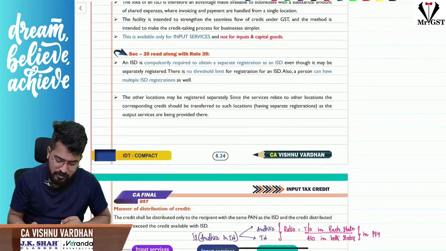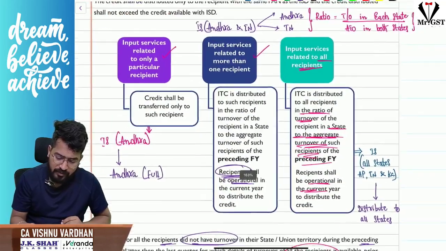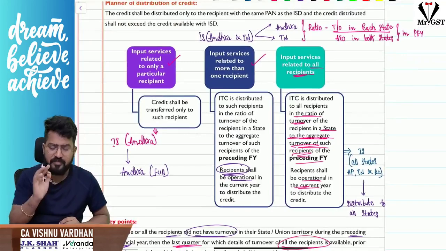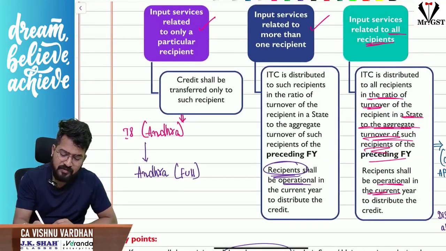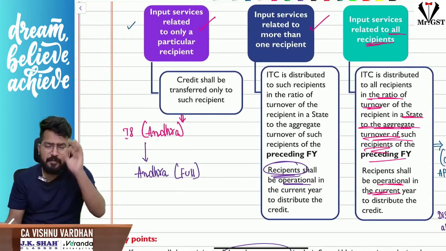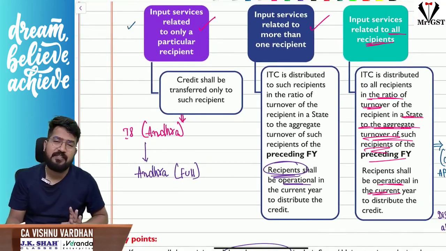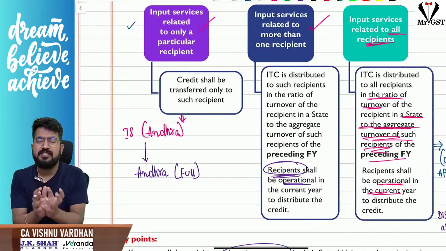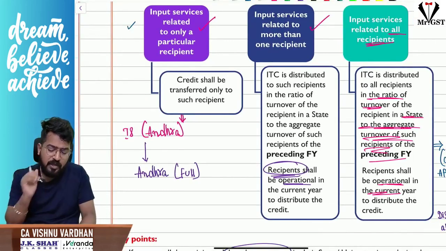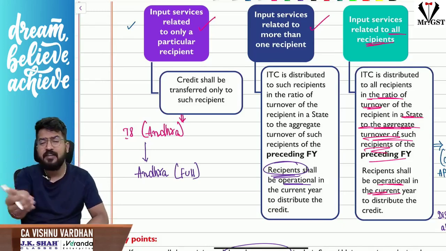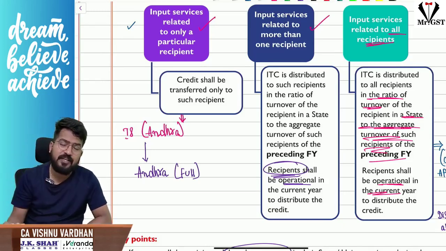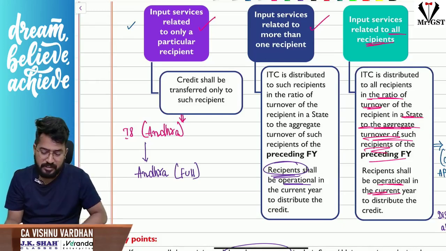Now coming to the point, sir, how the credit will be distributed. See, there are three varieties here. First variety is, sir, the input service may be purely related to a particular branch. What we have received at the administration office is a service related to a particular branch. For example, if we received an input service which is exclusively related to a branch in Andhra Pradesh, then distribute the entire credit only to the Andhra Pradesh registration.